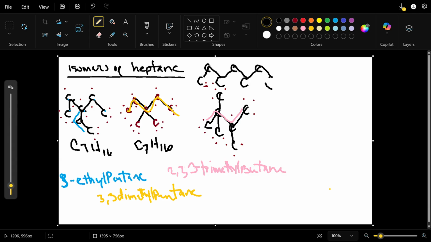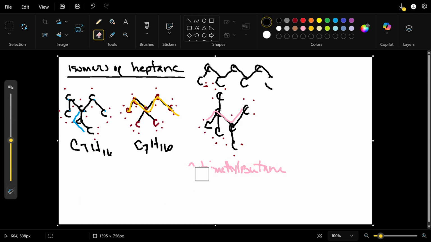So I'm going to draw out the structures to show, that way I don't have to write the names out over again. I'm just going to erase the bottom part.